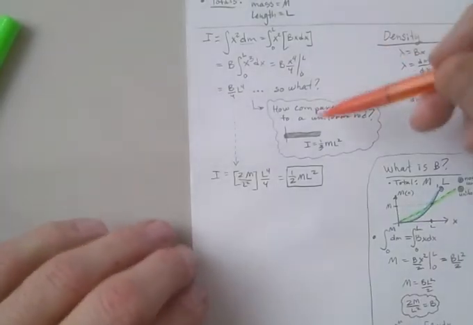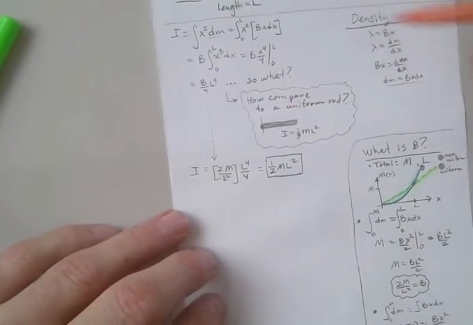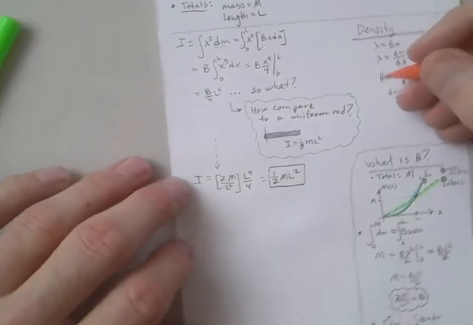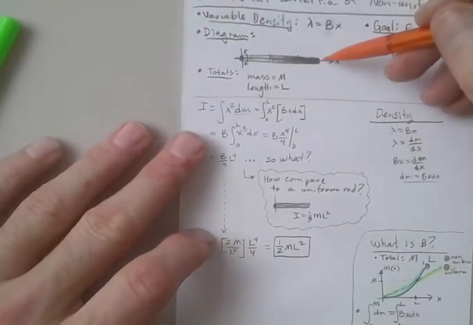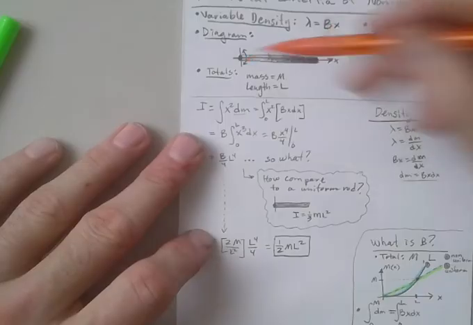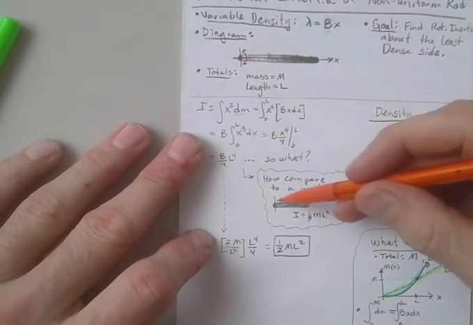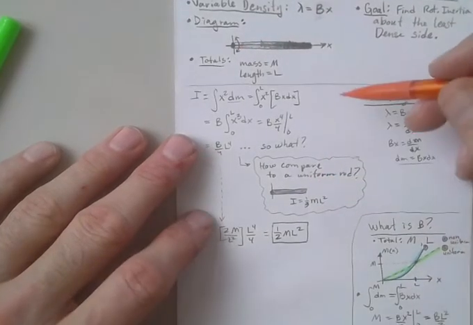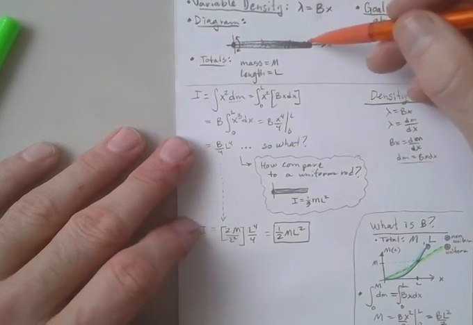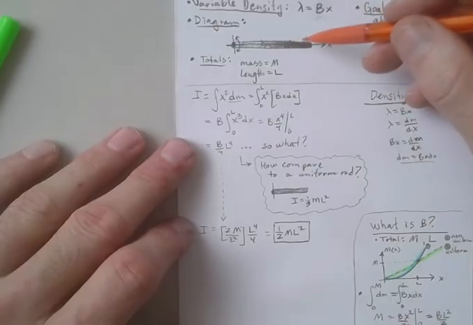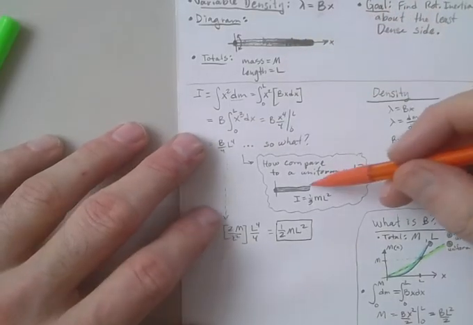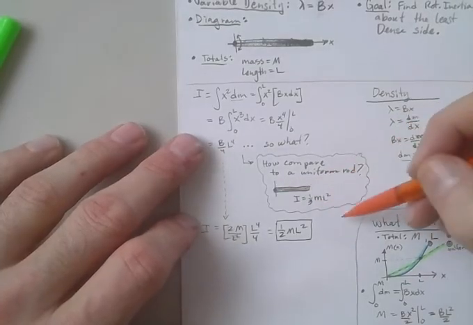Now, let's compare our uniform rod to this one. So, this guy is going to have more of his mass further out from this axis of rotation than this guy. And so we would expect to get rotational inertia that's more for the same mass and length than the uniform rod with the same mass and length.